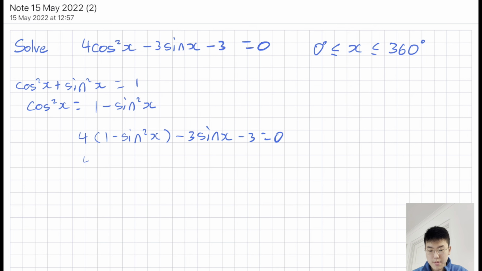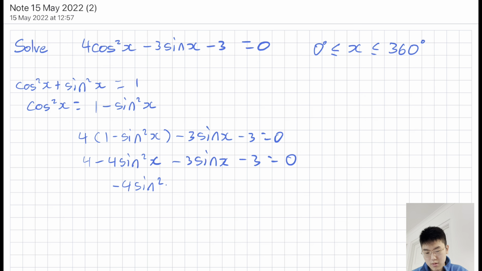So I'm going to go ahead and multiply out this bracket here. So 4 minus 4 sine squared x minus 3 sine x minus 3 is equal to 0. So that's minus 4 sine squared x minus 3 sine x plus 1 is equal to 0. Now, we've gotten rid of the cosine, but this equation still looks fairly difficult.